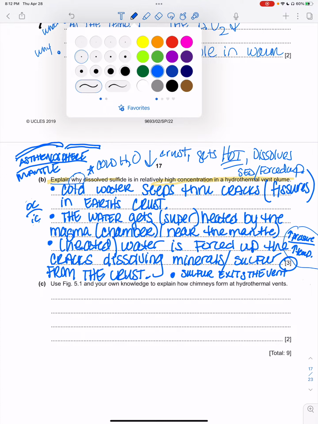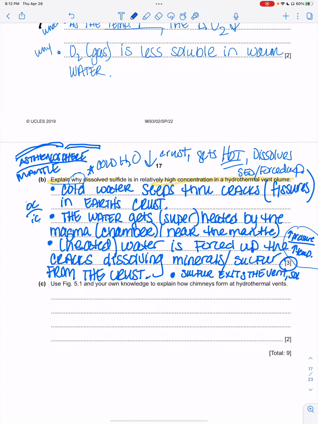I'll say solidifying. That specifically isn't really answering the question. That last thing that I wrote, why is it relatively high?